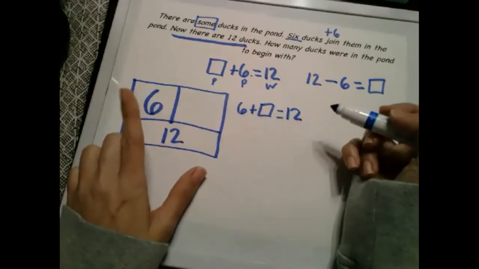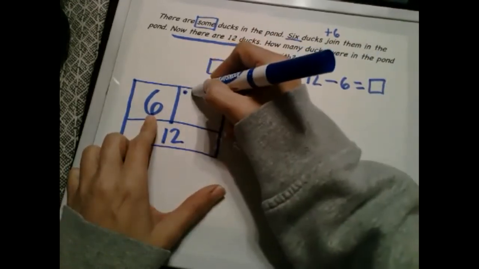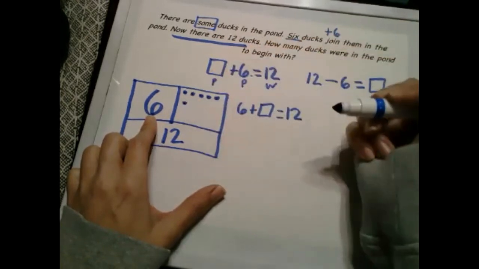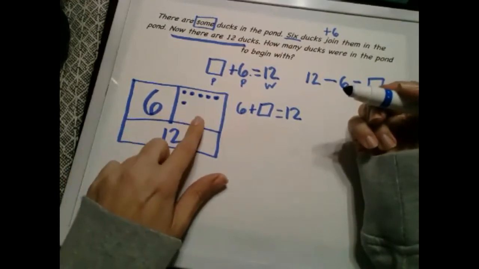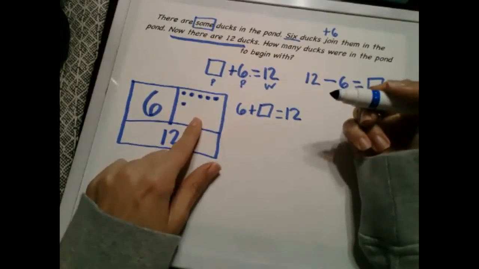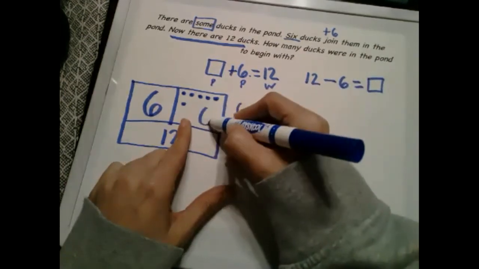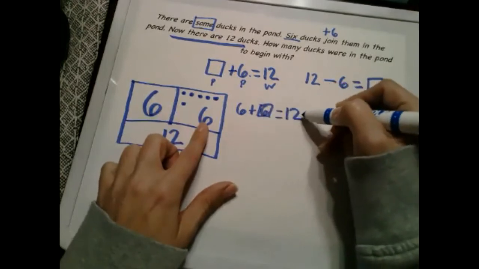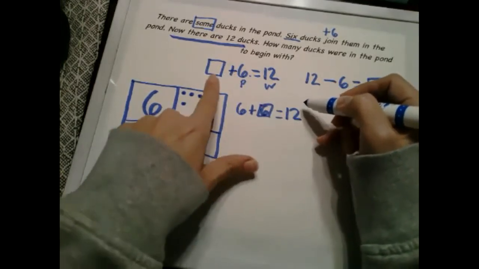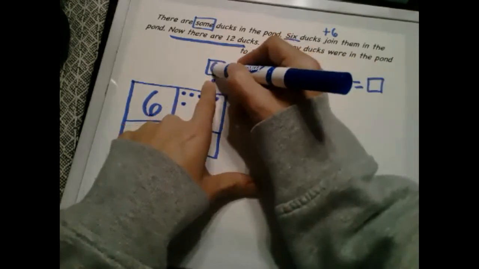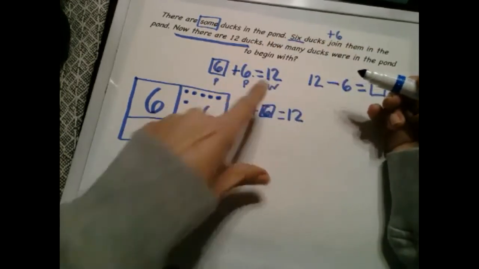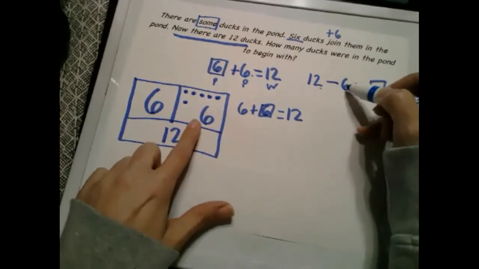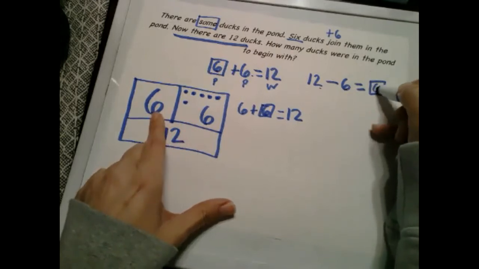Let's count on. 6, 7, 8, 9, 10, 11, 12. So how many would be in our other part? That's right, it would be 6. Because 6 plus 6 equals 12. And I could fill it in up here. 6 plus 6 equals 12. So that means that 12 minus 6 also equals 6.